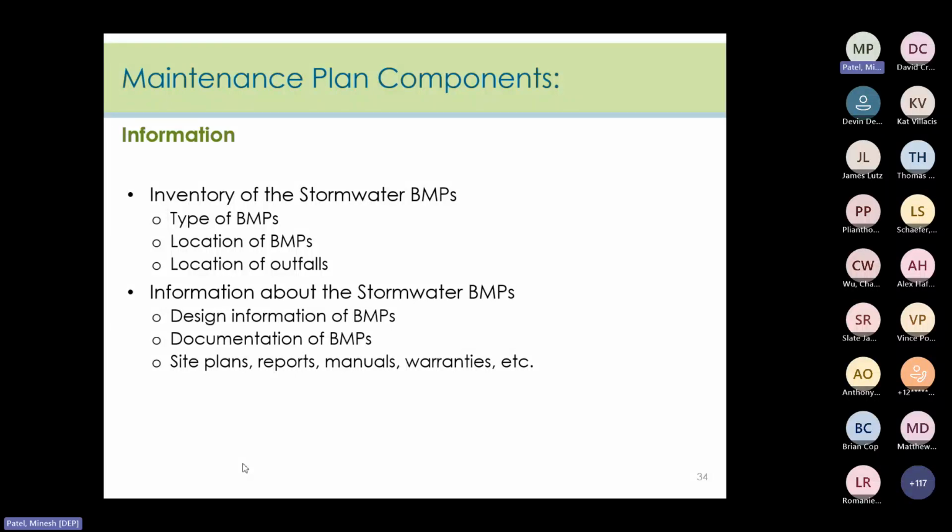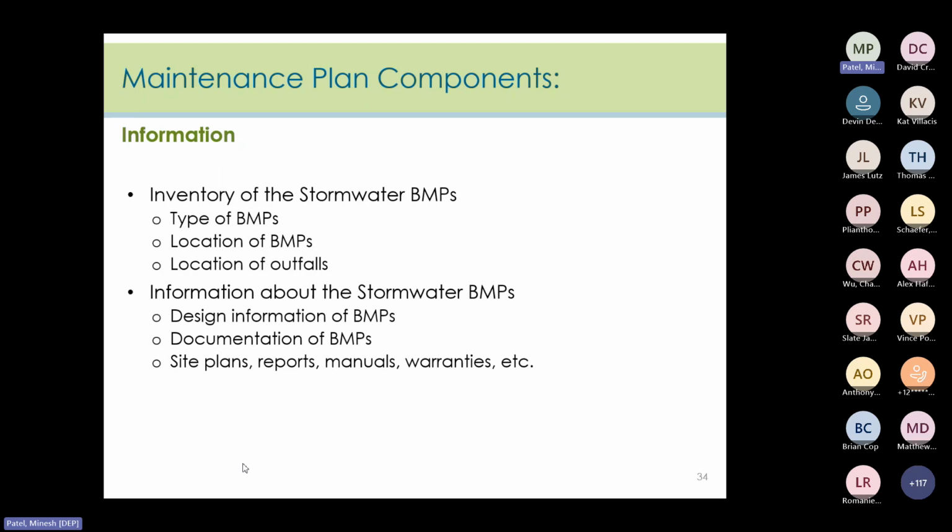Under the information section, a complete inventory of the various BMPs should be provided, including the type, the location, and if there are any outfalls. It should be easy to find the water surface elevation for normal conditions as well as the design storms in relationship to visible elements in the BMP.